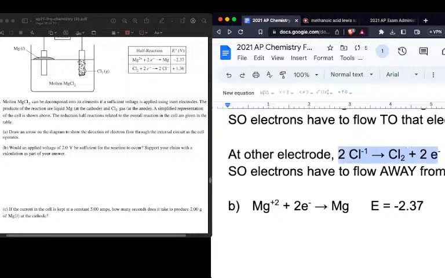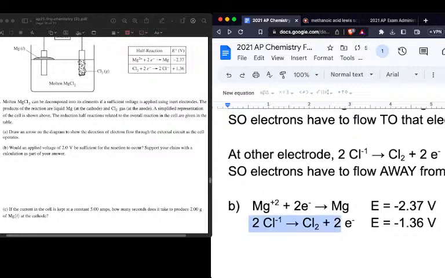This reaction that they also gave us has an E of negative 1.36. Because I reversed this reaction compared to what they gave me, I had to reverse the sign on E.